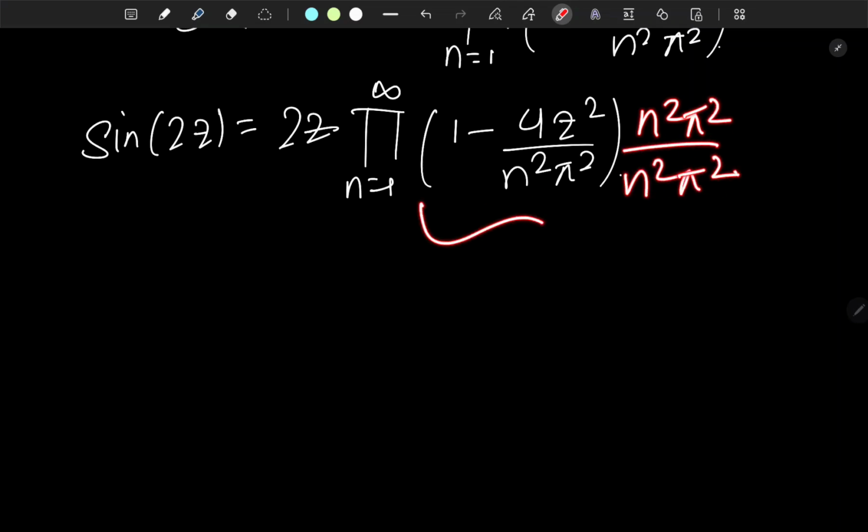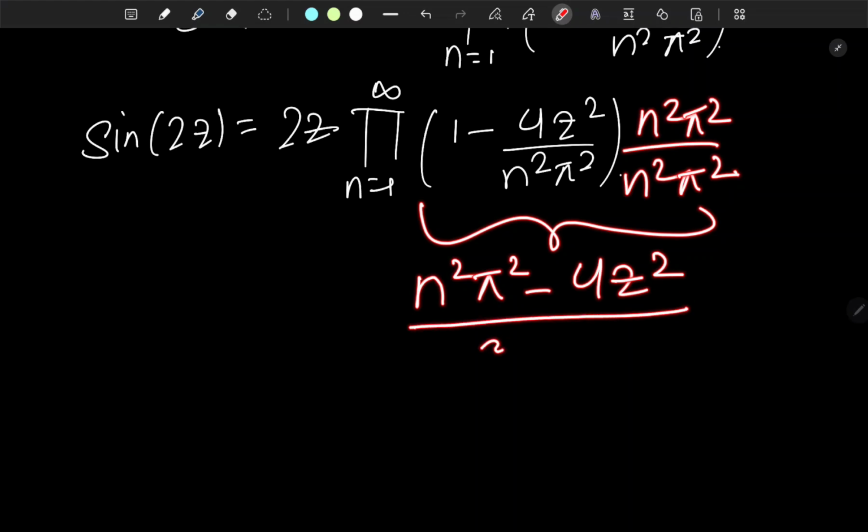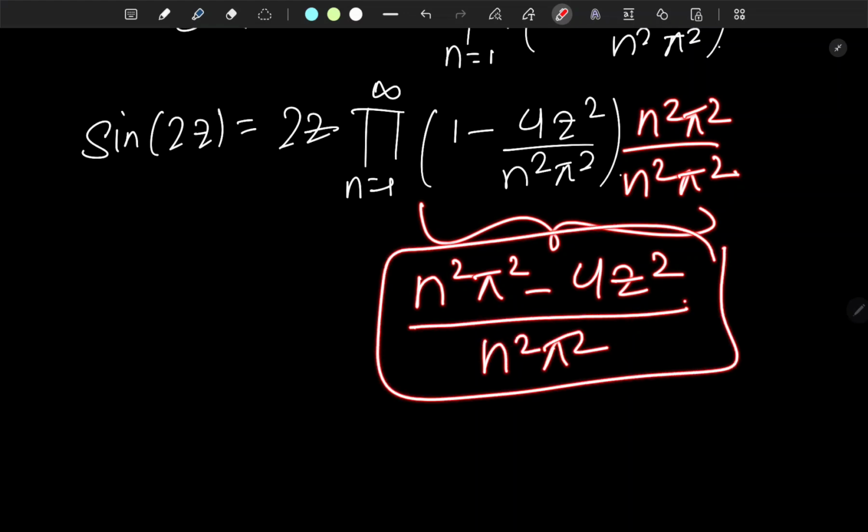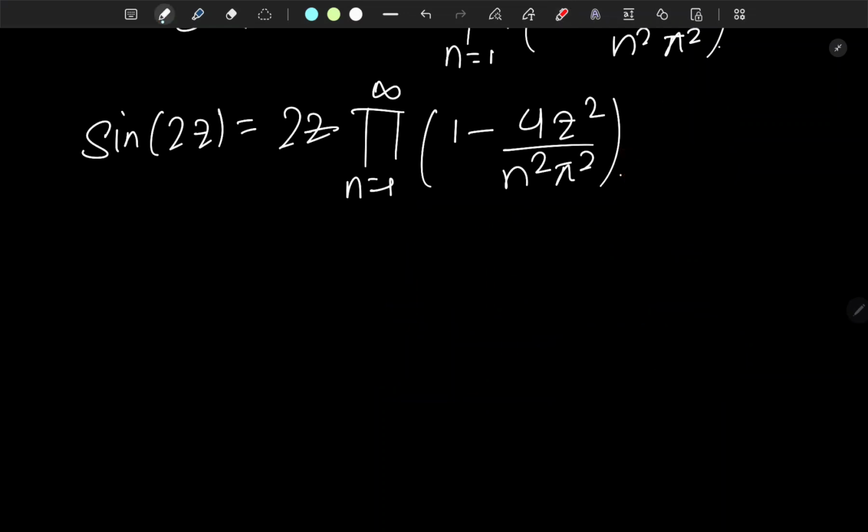So that's going to be n squared pi squared minus 4z squared over n squared pi squared. I hope you understand that it's just basic mathematics, taking the denominator common. So that's it.